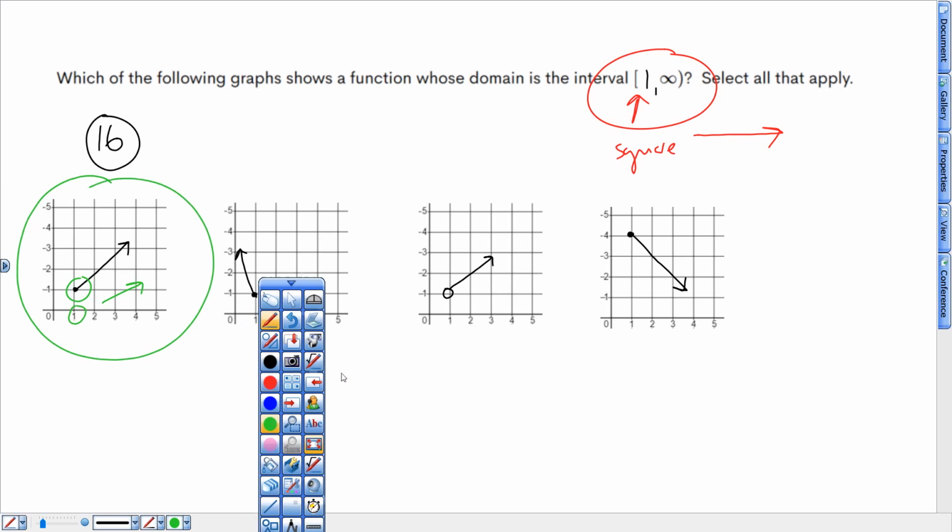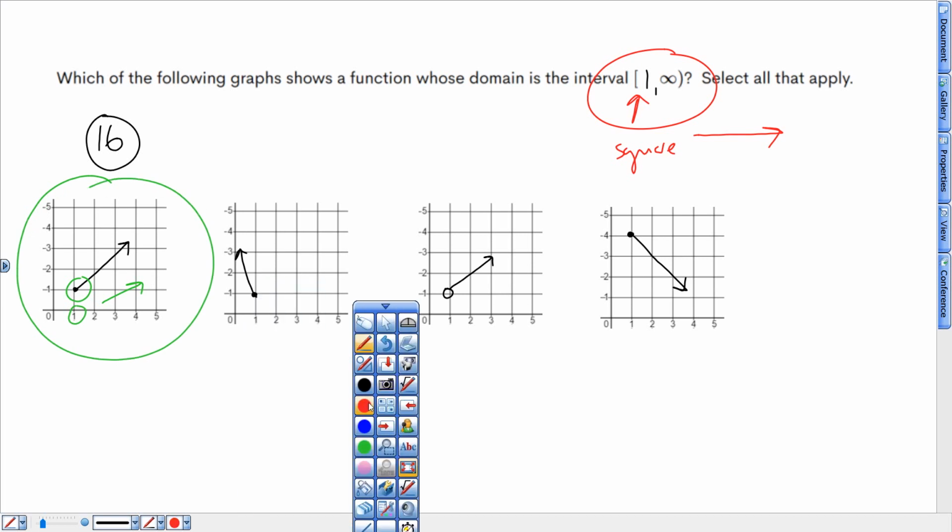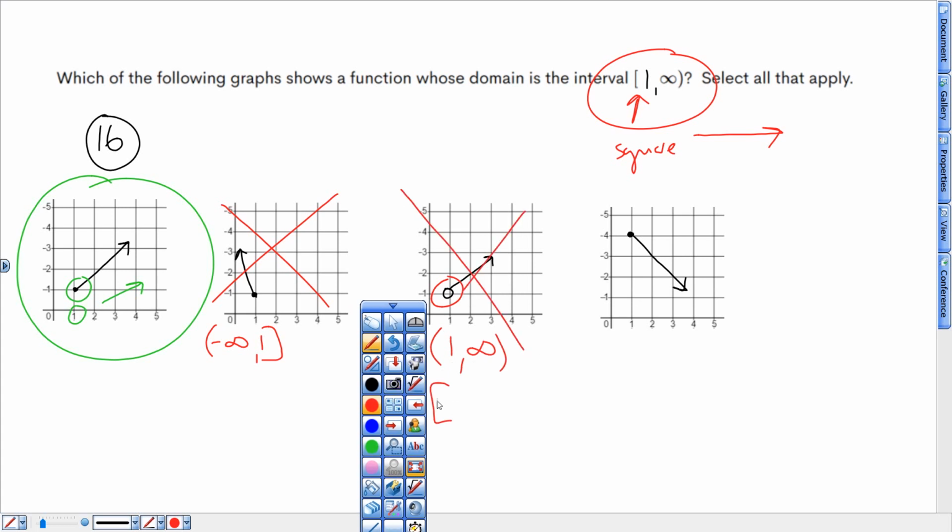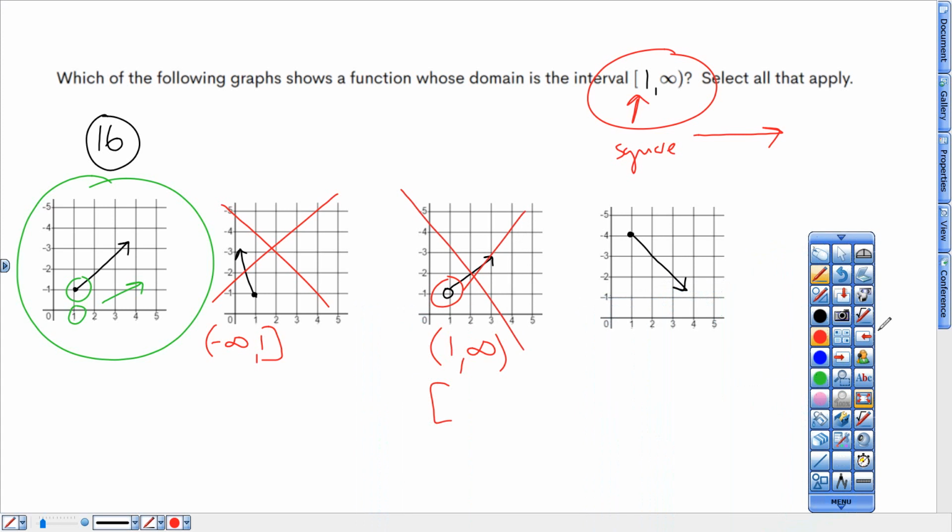If I look at this one though, this one arrows going to the left. So this one would really be negative infinity to 1 square. That's not what I'm looking for. This one right here, because this is open, would be rounded 1 infinity. I want square, so it's not this one. And then this last one here, I can see this one is a square bracket right here.